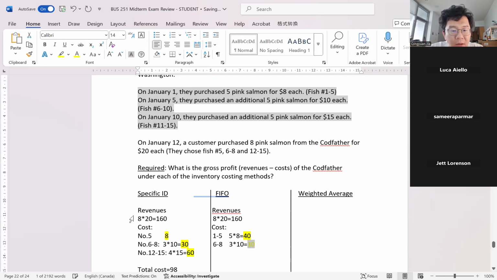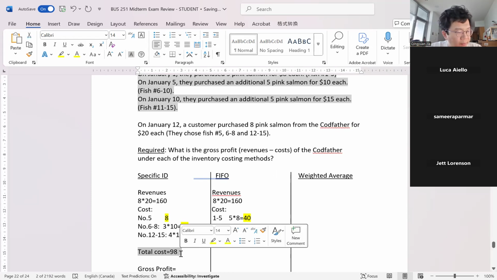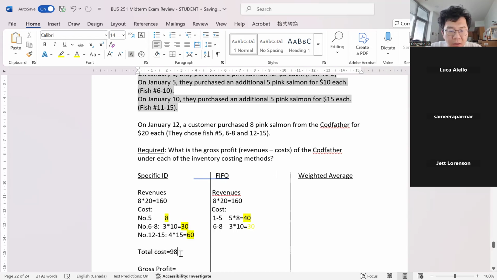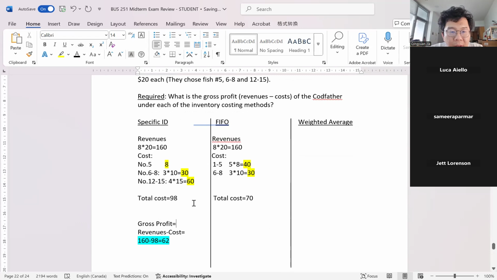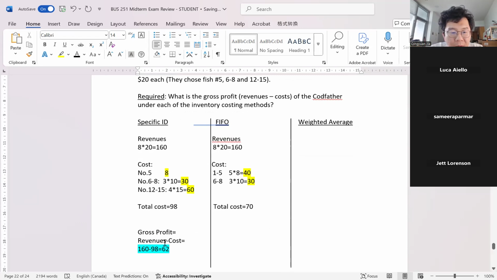So altogether, the total cost will be 70.